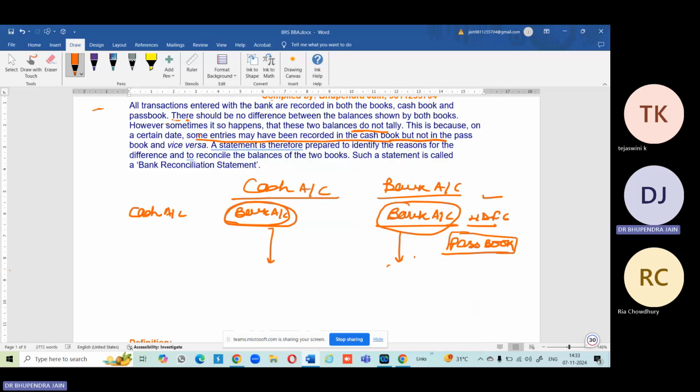What does it say? These two balances do not tally, and this is because on a certain date some entries may have been recorded in the cash book but not in the passbook, and vice versa. A statement is therefore prepared to identify the reason for the differences, to reconcile the balance of two books, and such a statement is called the bank reconciliation statement.